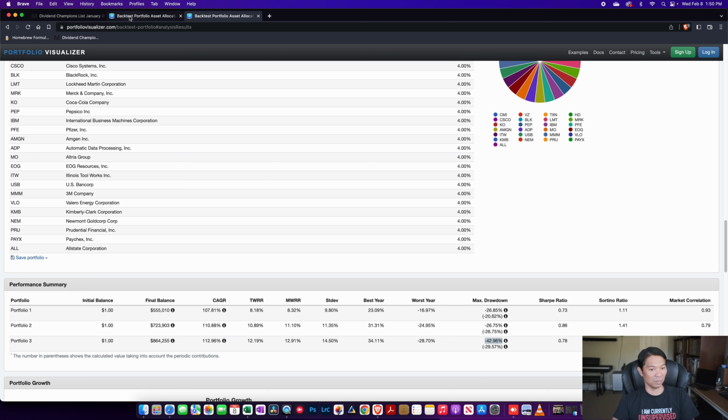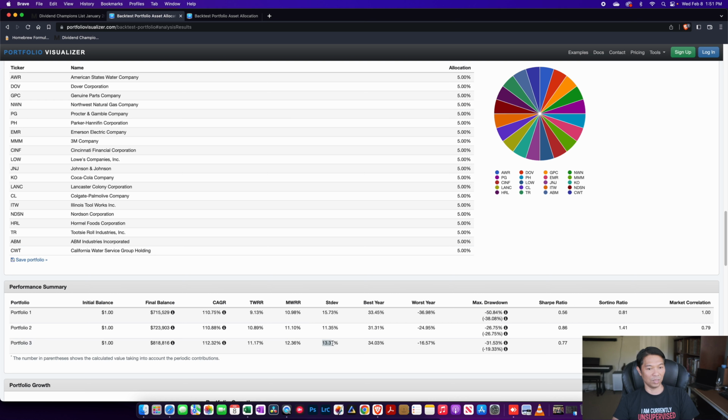Let me go back to dividend champions. So dividend champions, portfolio 3, has a standard deviation of 13.37 for a max drawdown of just under 32%. Whereas the Schwab pick, standard deviation was 14.50. This is almost as much as 100% stocks that we saw on the first analysis. Okay, 15.73. Not quite as high, but close enough. And that's why the drawdown is so big.